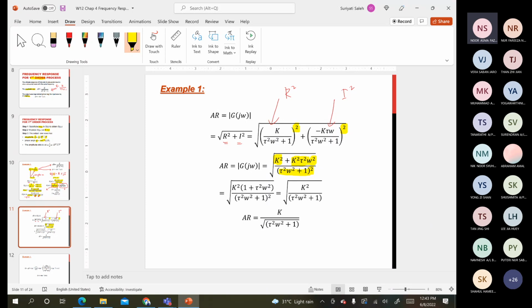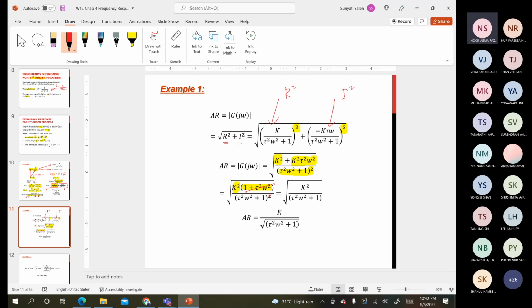Next, we can factorize the K square, then you have in bracket 1 plus tau square w square, and in the denominator you have tau square w square plus 1, squared. This means we can eliminate the numerator term, because you have a similar term on the top and bottom of your fraction.